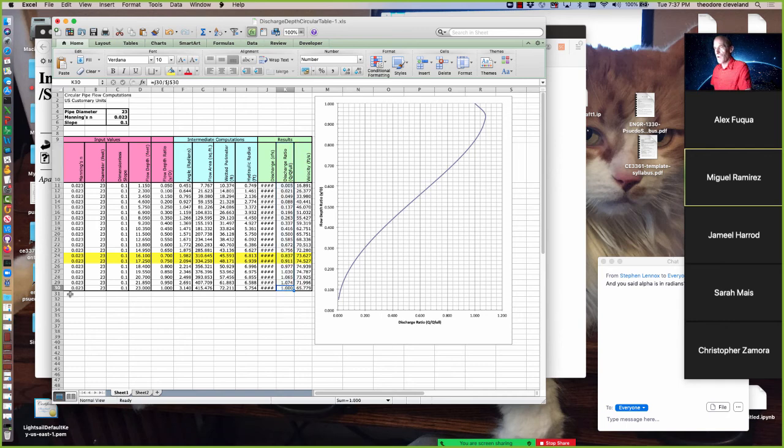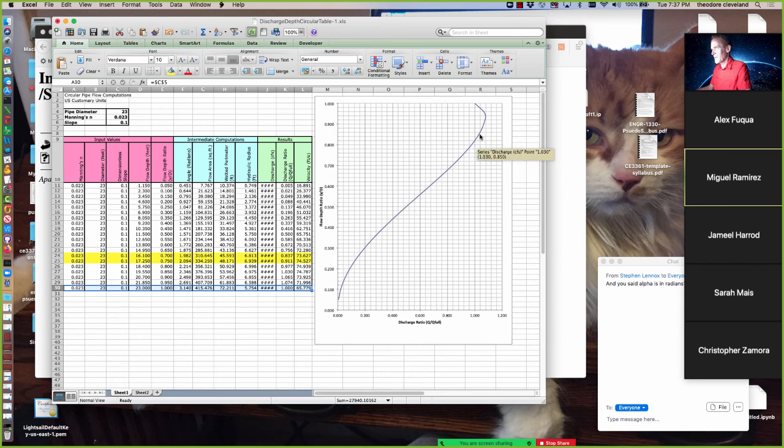And we can always calculate this last line pretty easily, because that's just Manning's equation for the pipe that's full. So we know the area and we know the hydraulic radius. And so from the chart, we have a plot of discharge ratio on the horizontal axis and depth ratio on the vertical axis.